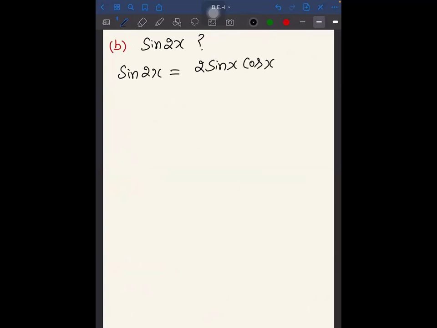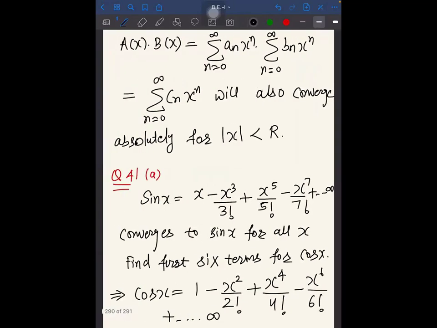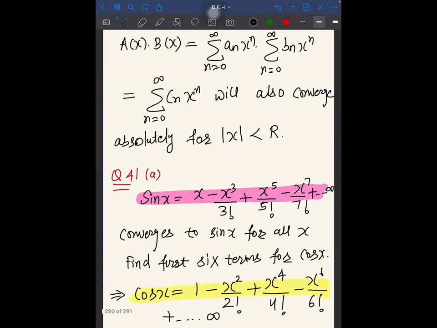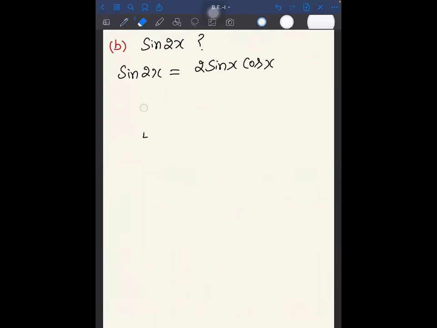You know that you can always multiply 2 power series, and you already have the power series for sin x and the power series for cos x. So for sin 2x, you simply take the multiplication of these two. Is it fine? Can you do it? Okay, I'm just leaving it as an exercise.